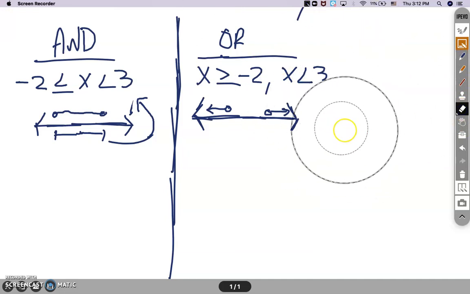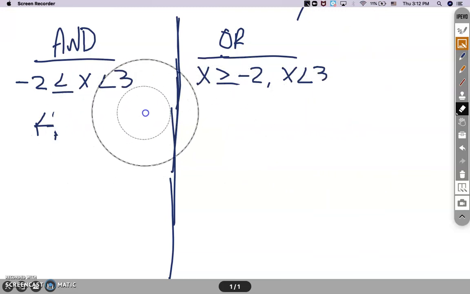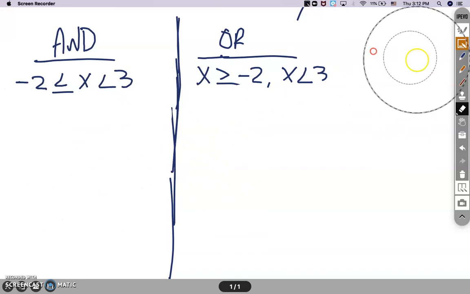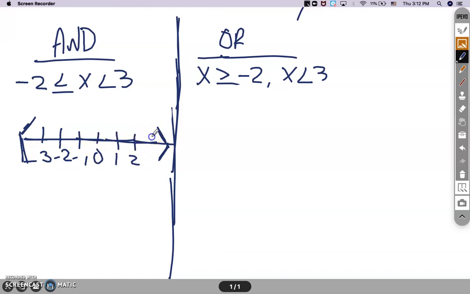Now I'm actually going to graph these. These were just examples, I'm showing you briefly what the graphs look like. So if I were to graph this, let me write it. -3, -2, -1, 0, 1, 2, 3.